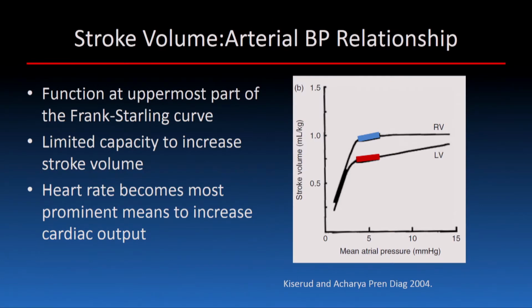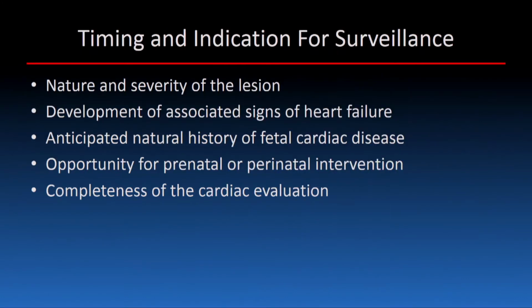The fetus really lies at the top of the Frank-Starling curve, as seen here. This really limits the capacity for it to increase stroke volume with increasing mean arterial pressure throughout gestation. And so the heart rate really becomes the most prominent means to increase cardiac output. Keep this in mind as we discuss these specific lesions today.